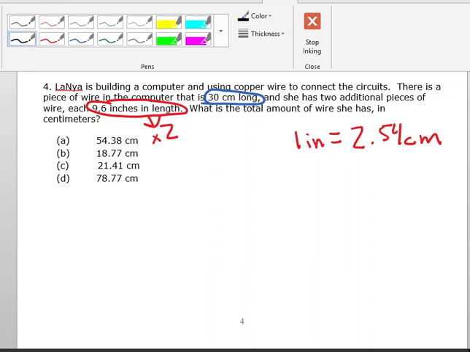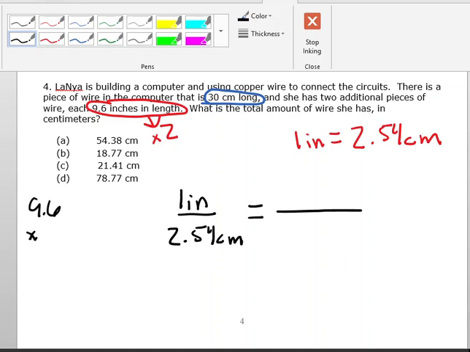I'm going to say 1 inch over 2.54 centimeters is equal to, so 9.6 times 2 is going to give me 19.2, I believe. 19.2, let me check on that. Yep, okay.